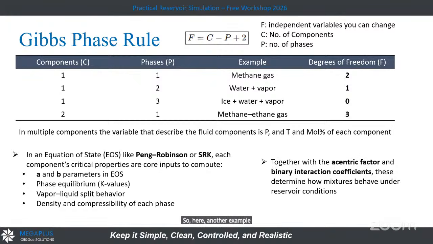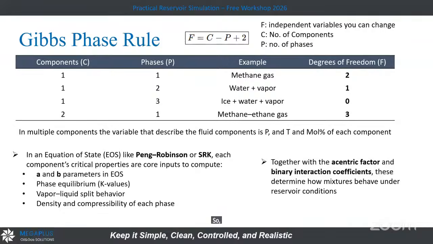So here is another example. If I have a composition of methane and ethane gas, I have two components, and the two components are in gas phase. To express this fluid, I must have the pressure and temperature and the mole percentage of methane or ethane.